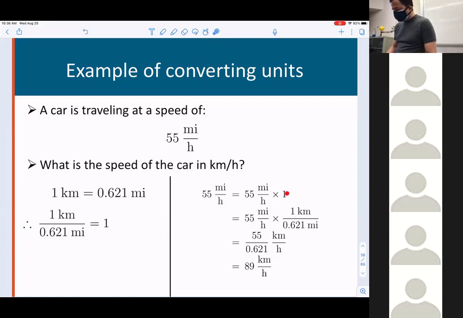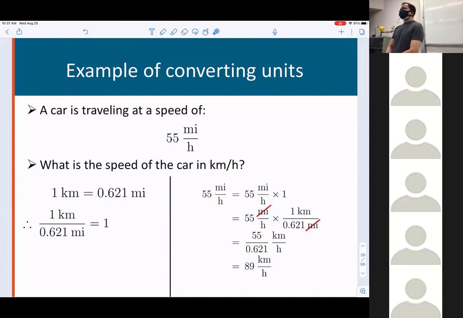But then I will take this 1 and I will write it as 1 kilometer divided by 0.621 miles. Because they're equal, this ratio is just 1. And then you see what happens. The miles here cancel with the miles here, and then you're left with just kilometers per hour. So you have 55 divided by 0.621, and therefore you do this math here, 55 miles per hour is the same as 89 kilometers per hour.